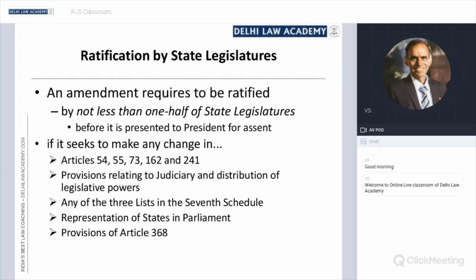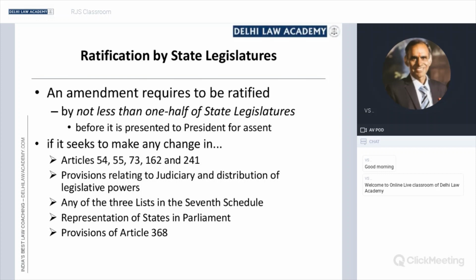The second category of provisions relates to judiciary and distribution of legislative powers. You will recall that provisions relating to judiciary are available in Part 5 of the Constitution as well as in Part 6. Part 5 deals with the Supreme Court, Part 6 deals with the High Court and subordinate judiciary.